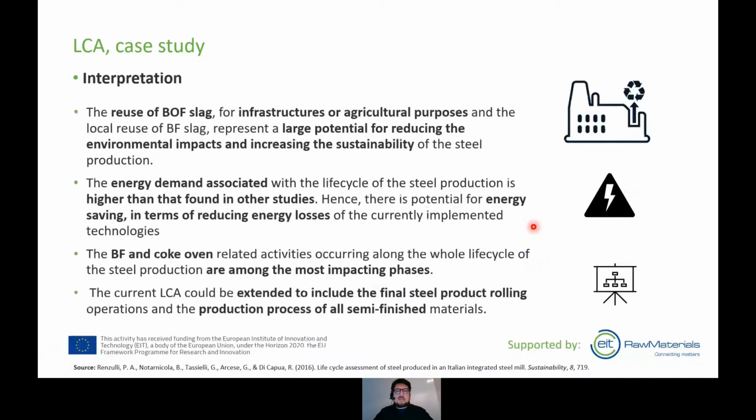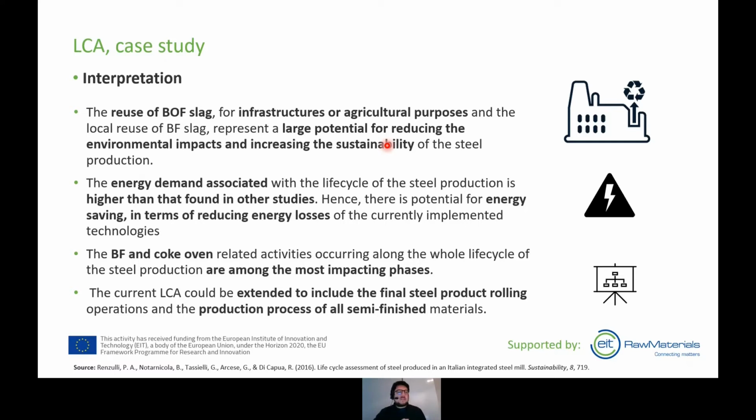Okay, so the final step, and actually my last slide in the presentation, is the interpretation of the conclusions that they extract from all this analysis. They identified, for example, that some slag that they produce can be used as a byproduct in infrastructure or for agricultural purposes.